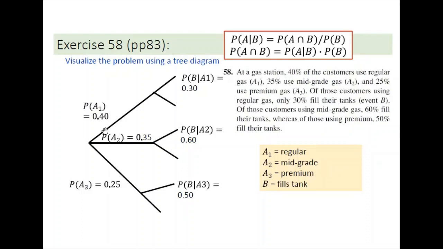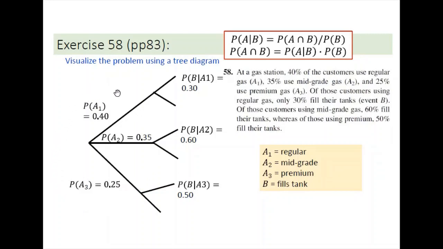So the probability of using mid-grade gas is 0.35 or 35%. What is the probability of using premium gas? 25% of customers use premium gas. So the probability of using premium gas is 25%.